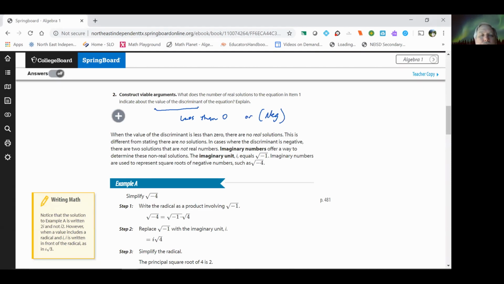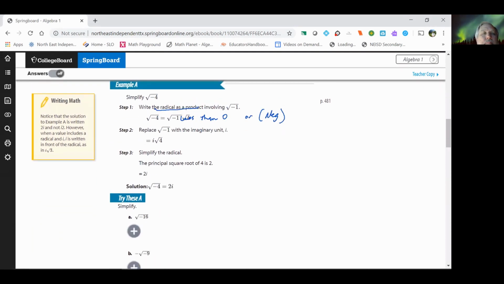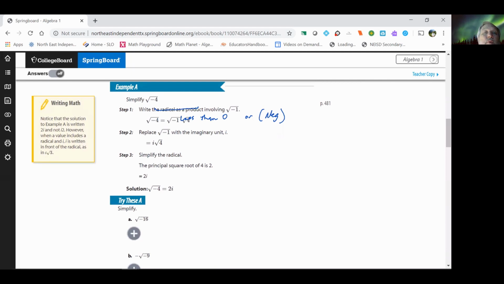Example A, square root of negative 4. To find out what the square root of negative 4 is, we do like we would normally do. When we have a square root, we separate out the factors, so we look for a perfect square factor. In this case, the perfect square factor is going to be 4.